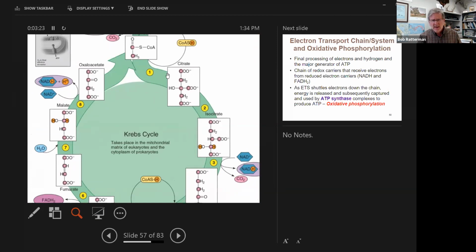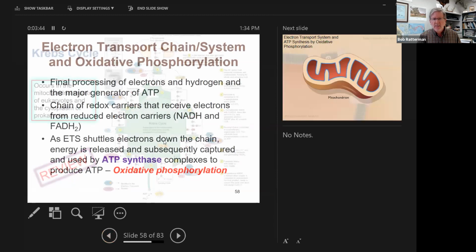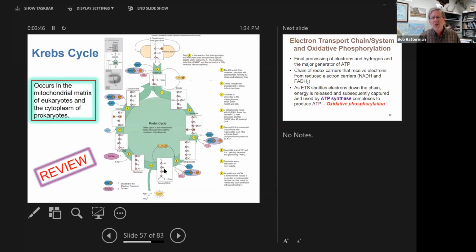Okay, so again, what do we make along the way? For every crank or revolution through the Krebs cycle, can you tell me what is made in a cell? Now, this could be in a prokaryotic cell, or this could be in a eukaryotic cell. This is happening in your cells right now. Do I need to know all these intermediary names and compounds and all that? No, you don't. But you need to know what's being spun off, right?